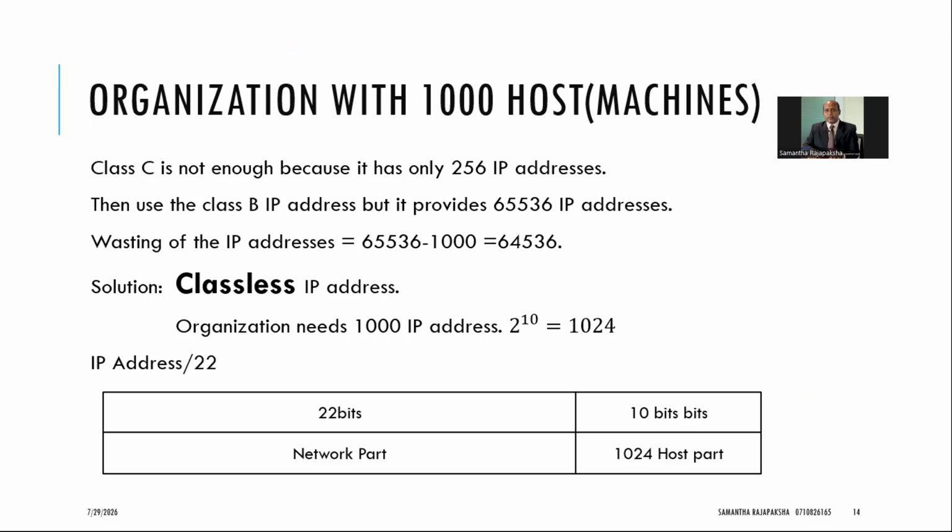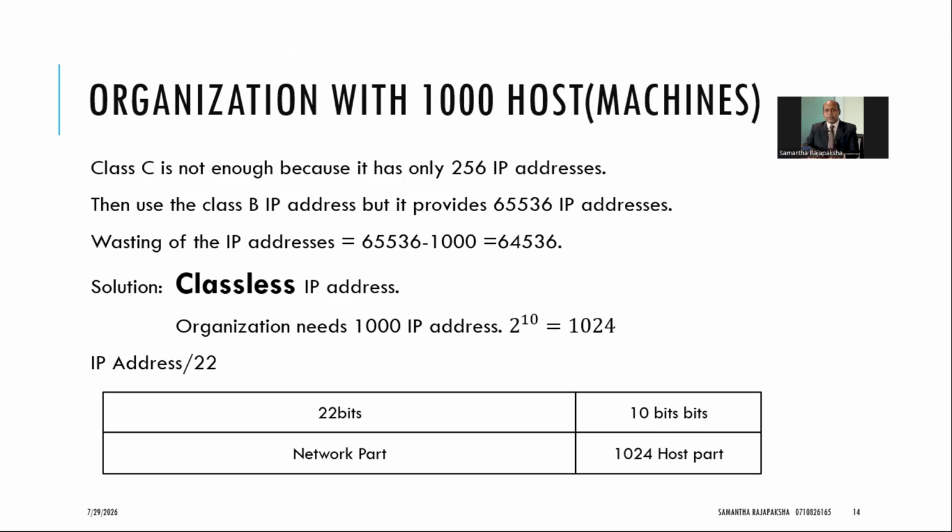If they have taken a class B IP, you know that in class B you get 2 to the power 16 IP addresses, which is 65,536. That is too large, because they need only 1,000 IPs but they are getting 65,536. So you can see about 64,000 are wasted.